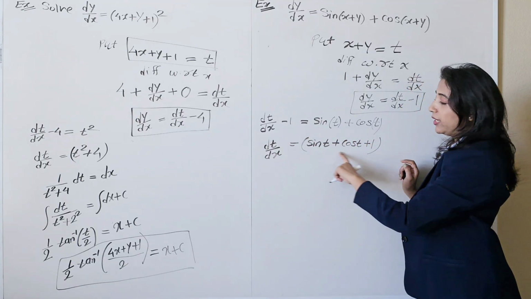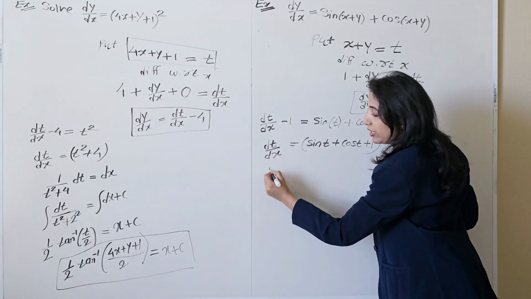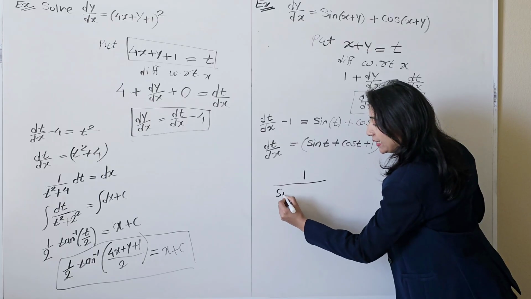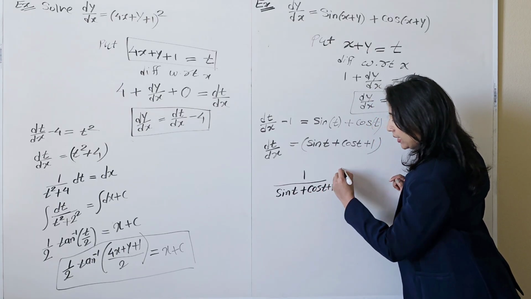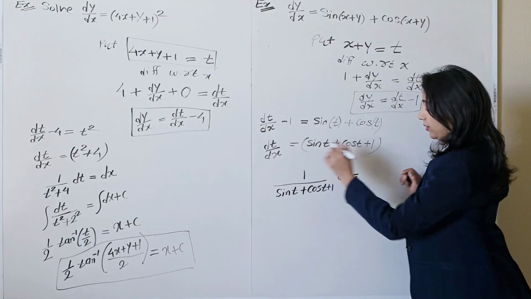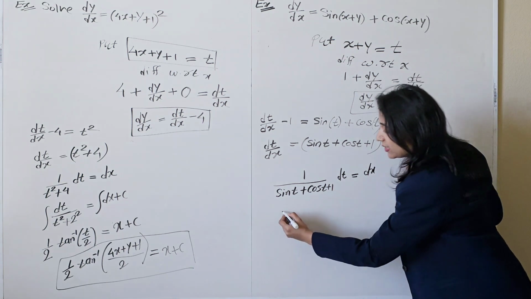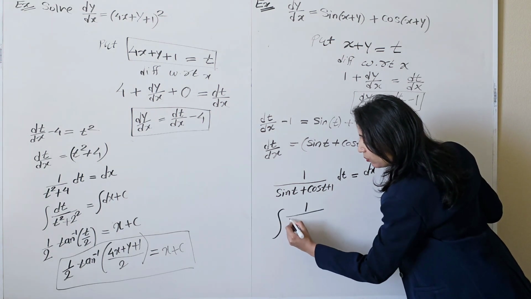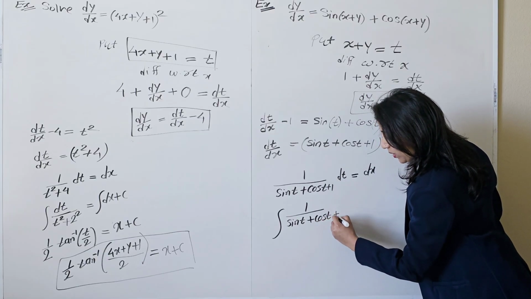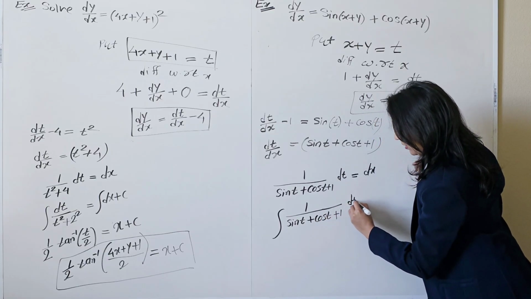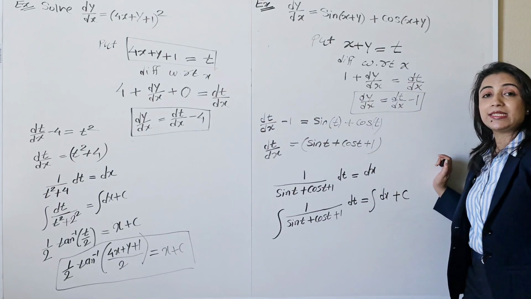Now the whole term contains t, so if we shift this bracket term to the left side, we will get 1 upon sine t plus cos t plus 1 dt equal to dx. Now in the next step, we just have to integrate: the integration of 1 upon sine t plus cos t plus 1 dt equal to the integration of dx plus the integrating constant c.